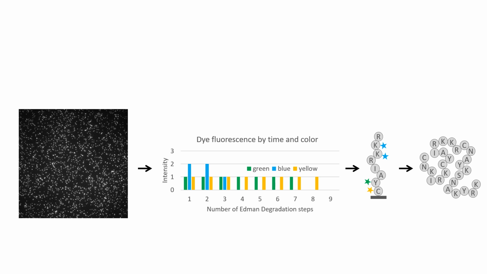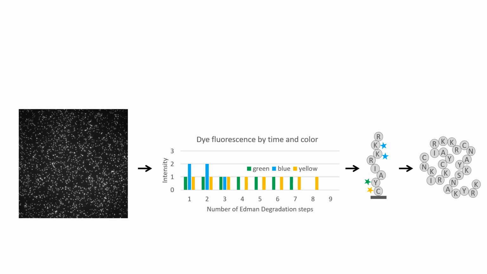Once we've done this, we need to analyze the data computationally. This has a couple of steps. The first is to follow each of these bright spots across different colors of fluorophore and across time to find a fluorescent read sequence of these intensity values representing how much light there is in the image.